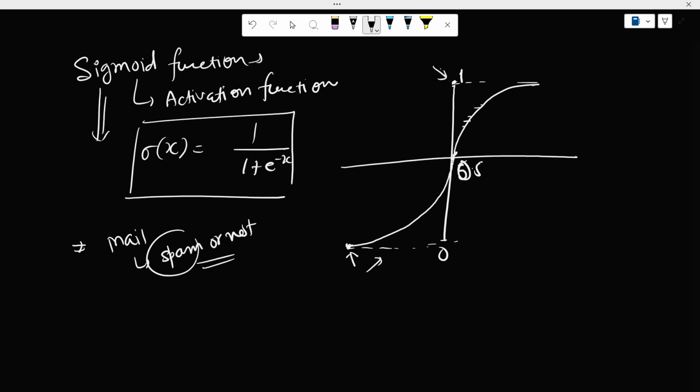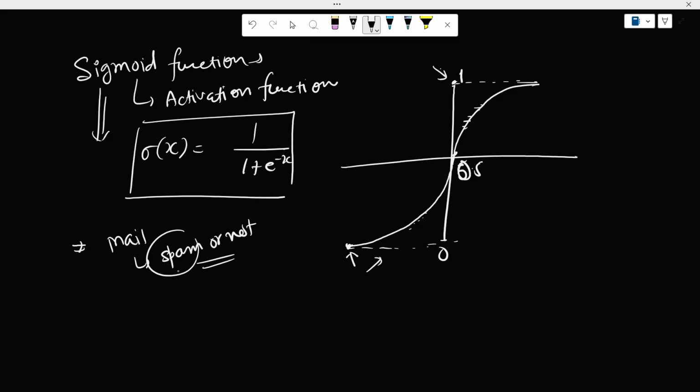This is where likelihood comes into play. This is the likelihood to be a spam mail, and the other side is the likelihood of this mail not being a spam mail. So this is where sigmoid functions are useful.